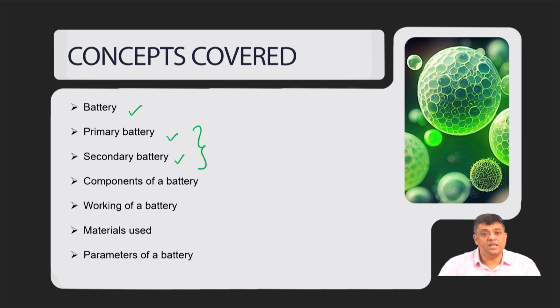So, we will discuss the components required to fabricate a battery. If you look into a battery, it is linked with two concepts, namely the charging process and the discharging process.